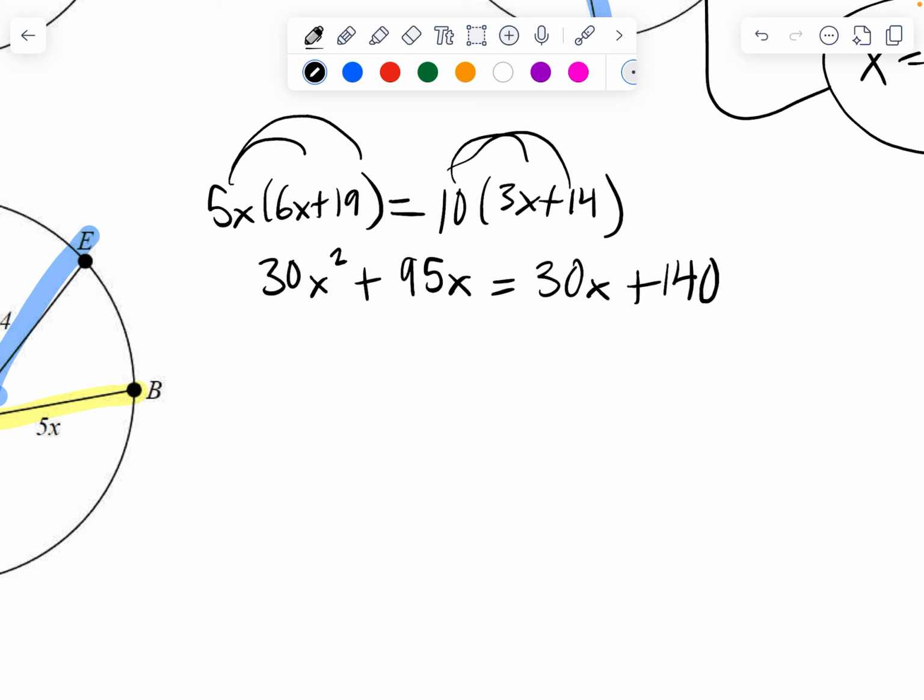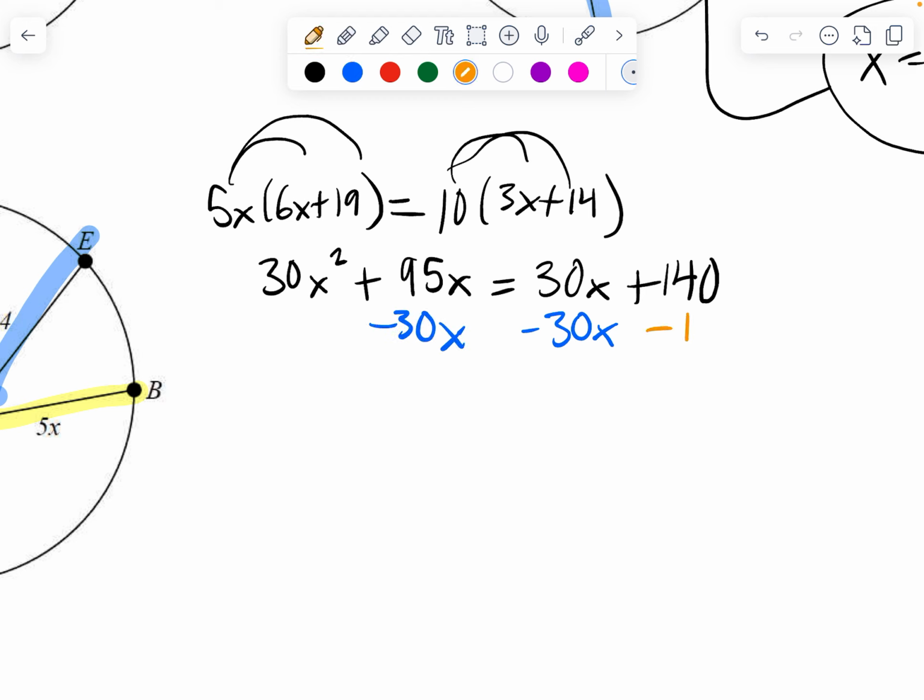Okay, now we just need to finish solving. So when we're looking at that, I'd say, okay, first thing I see is an x squared. And those are hopefully ringing bells that you need to use one of your quadratic solving methods, whether that's completing the square, factoring, or the quadratic formula. Pick one that you know and go with it. I like factoring, which means chuck everything onto the same side.